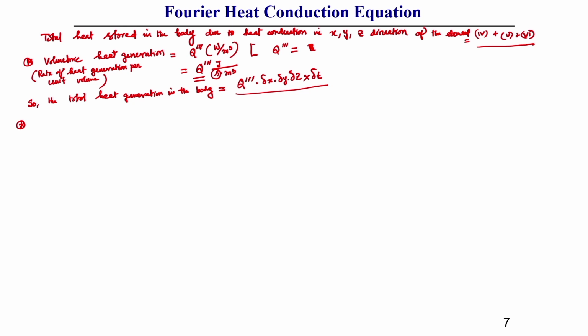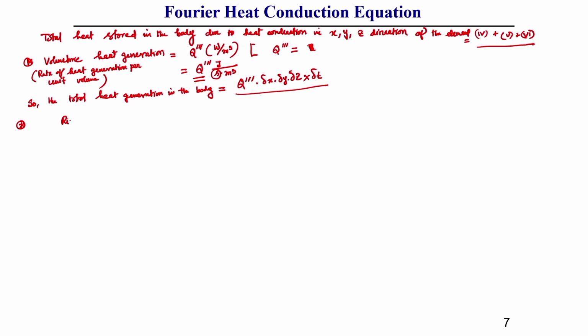The heat stored in the body is utilized to increase the temperature, which we represent by the combination of two heat inputs: one from the volumetric heat source, and another from heat conduction along all three perpendicular directions.